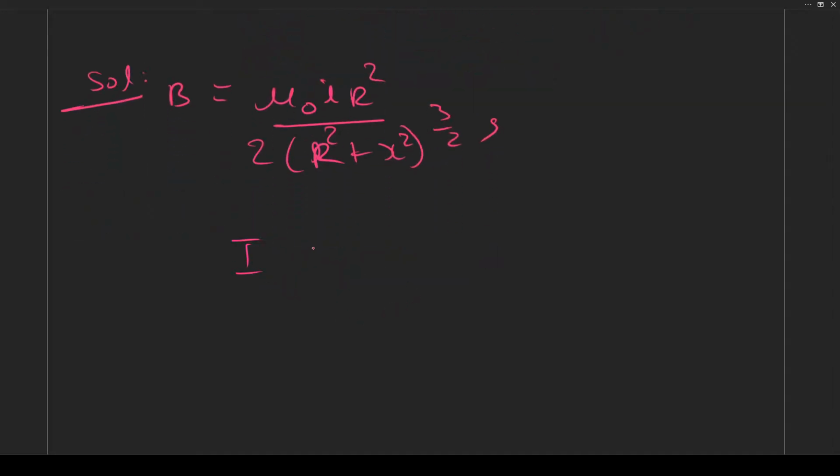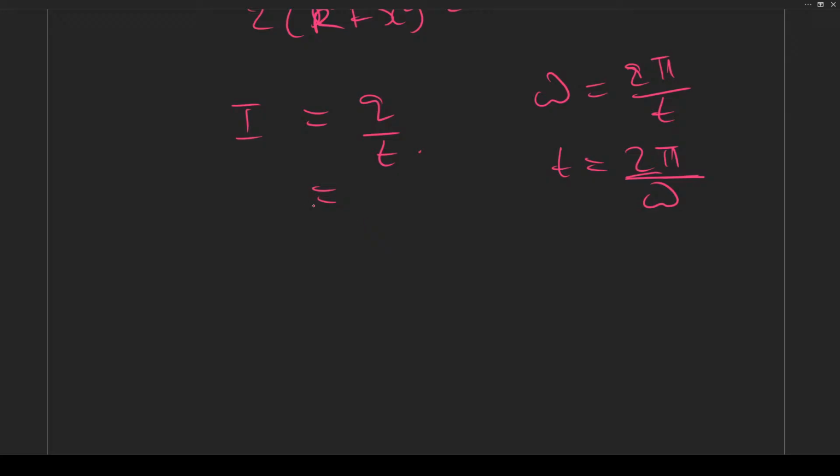I equals q by t, where omega equals 2 pi by t, so t we can write as 2 pi by omega, and based on that we get I equals q omega by 2 pi, where omega equals 10 power 4 pi, so I equals q times 10 power 4 pi by 2 pi.